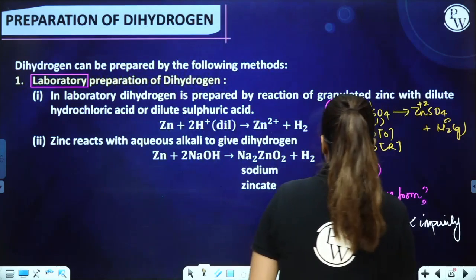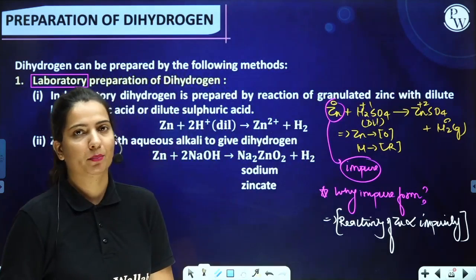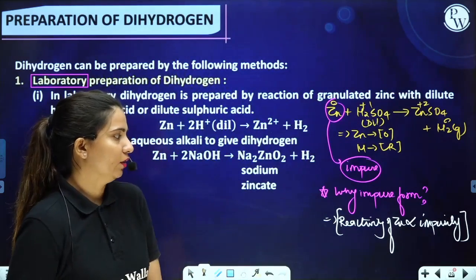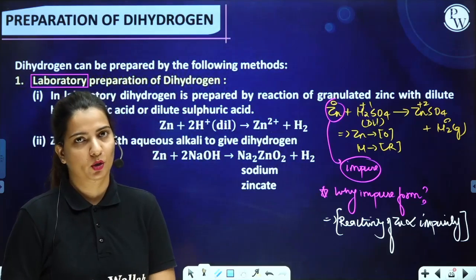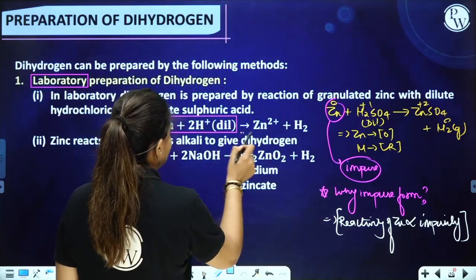Okay, so please remember this. This can be asked: why do we need to take the impure form of zinc? Because the reactivity of zinc is directly proportional to its impurity. So this point you need to understand and keep in your mind very nicely.